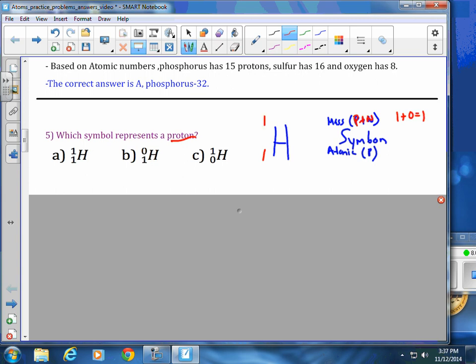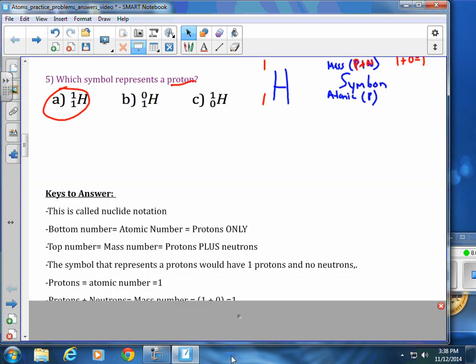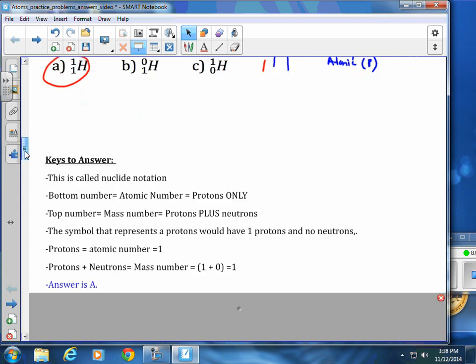So my correct answer is A. That's what the symbol of a proton is. 1 for my atomic number, and then again 1 at the top because there is no neutron. So the neutrons are just going to be 0. All right, and then again, this is all summarized down here in words if you want to take a look at it or you're confused, and I'm going to keep on rolling up.